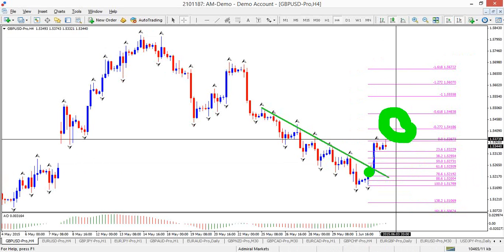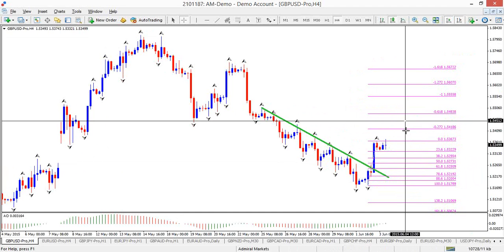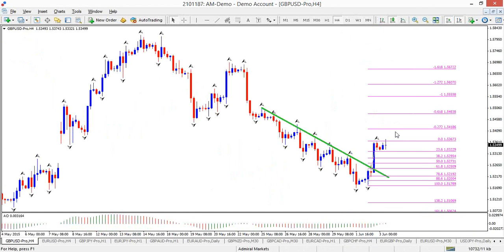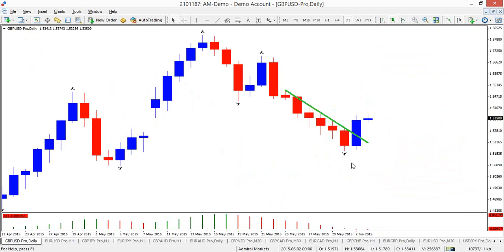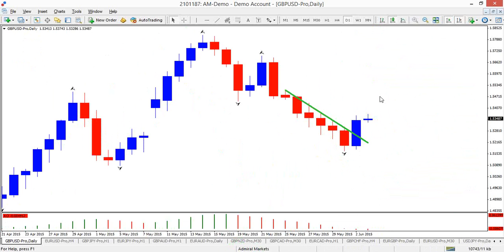What target for the cable? 155, I think. This minus 61.8 could be a good one. We have engulfing twins, which is not nothing, so I would definitely expect a follow through of that, at least for today or tomorrow.